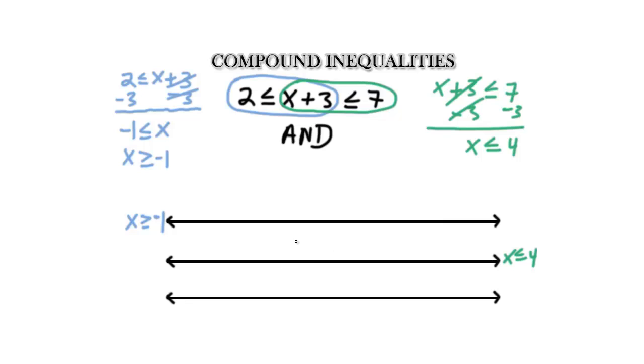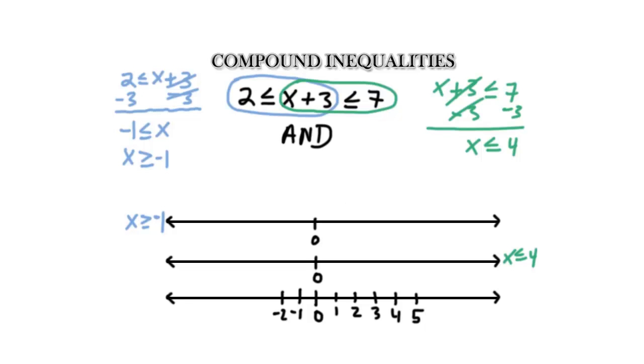Okay, so we go ahead and mark off the numbers: 0, 1, 2, 3, 4. I'll go up to 5, no big deal. And then on the left hand side, I'll go -1, -2. So let's mark off the 0.